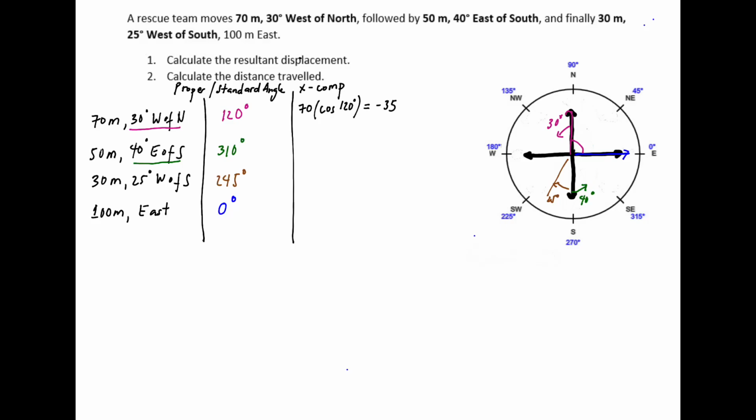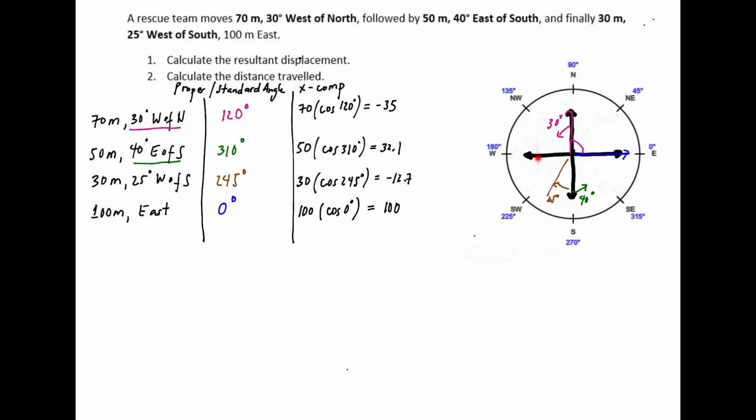Then we have 50 multiplied by cosine of 310 degrees, and that is 32.1. The other one is 30 multiplied by cosine of 245 degrees, and we're going to have negative 12.7. And the next one is 100 multiplied by cosine of 0 degrees, and we all know that the cosine of 0 is 1, so this one will become 100.